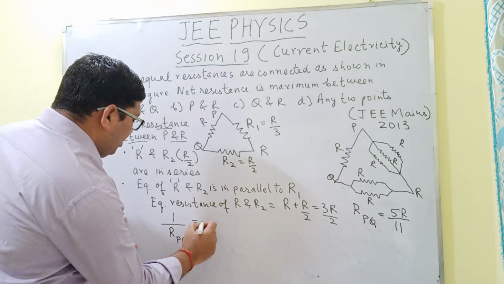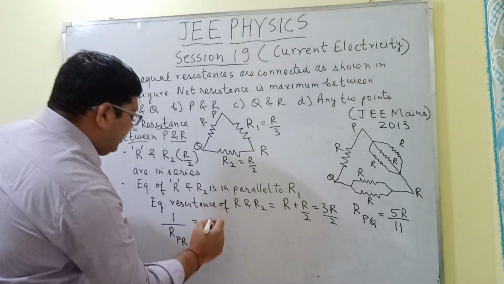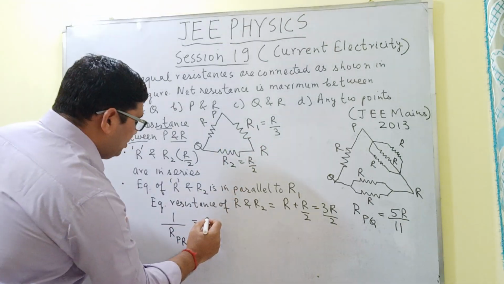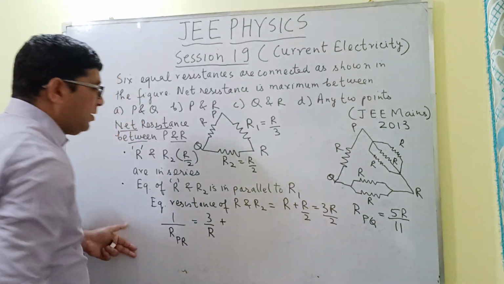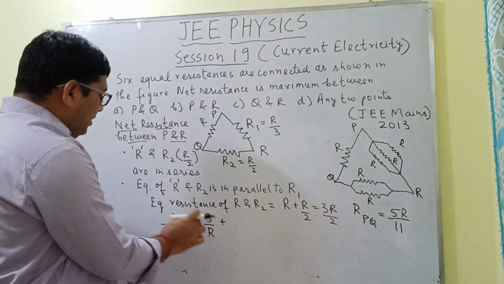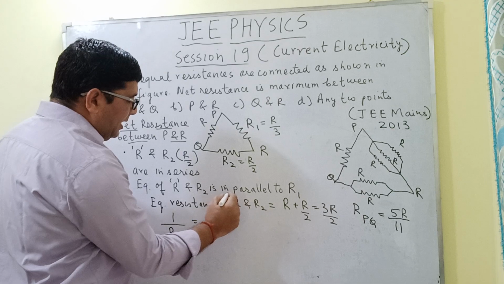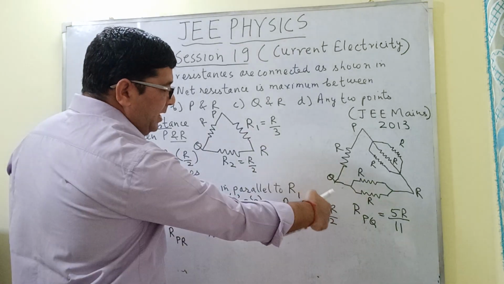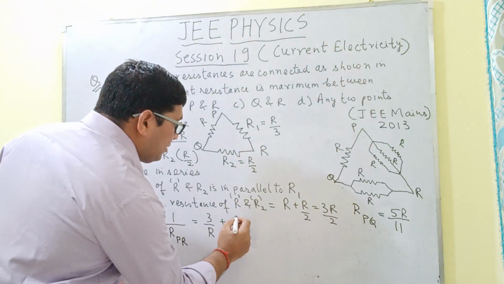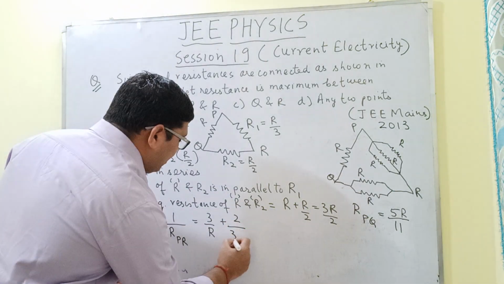So this will be equal to 1 by R1. So 1 by R1 will be equal to 3 by R plus 1 divided by the equivalent resistance of R and R2. So this is equal to 1 divided by 3R divided by 2. So that will be equal to 2 divided by 3R.